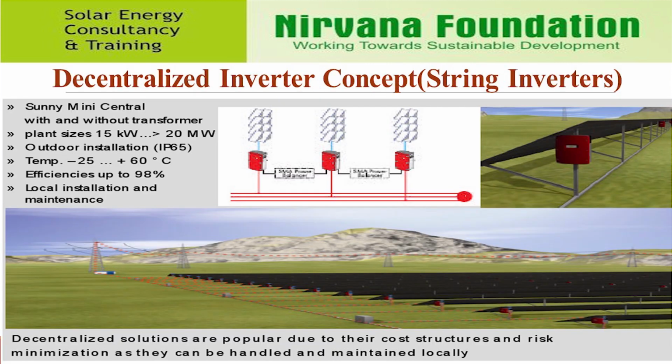Decentralized inverter concept. The PV plant's flexible design possibilities and simple installation are notable advantages of PV projects with a decentralized structure. Benefits. Maximum flexibility in plant design with regard to module types and their arrangement. DC side installation close to modules with low installation costs.